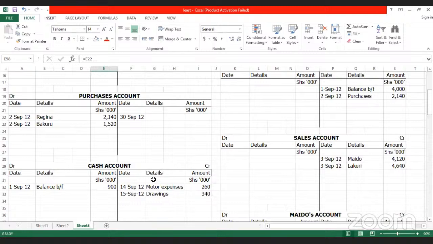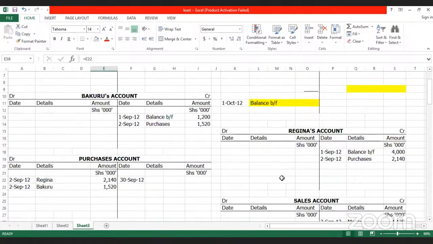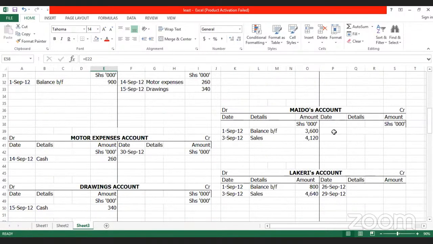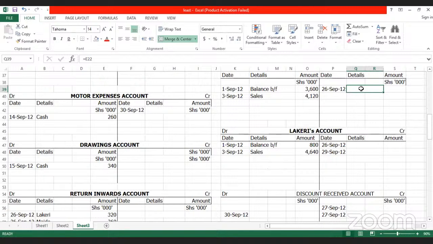Who are those customers? Lakeri and Maido. The goods were returned on which date? 26 September 2012. Who is returning? We have Lakeri.